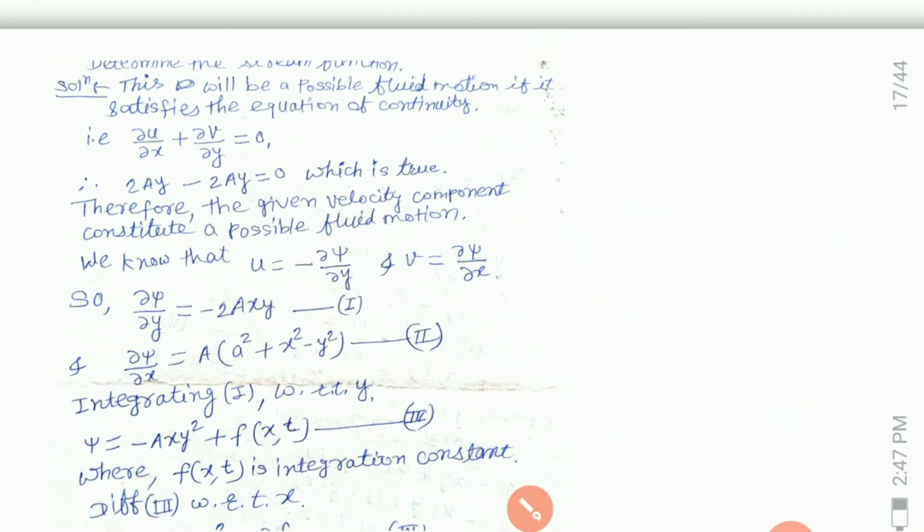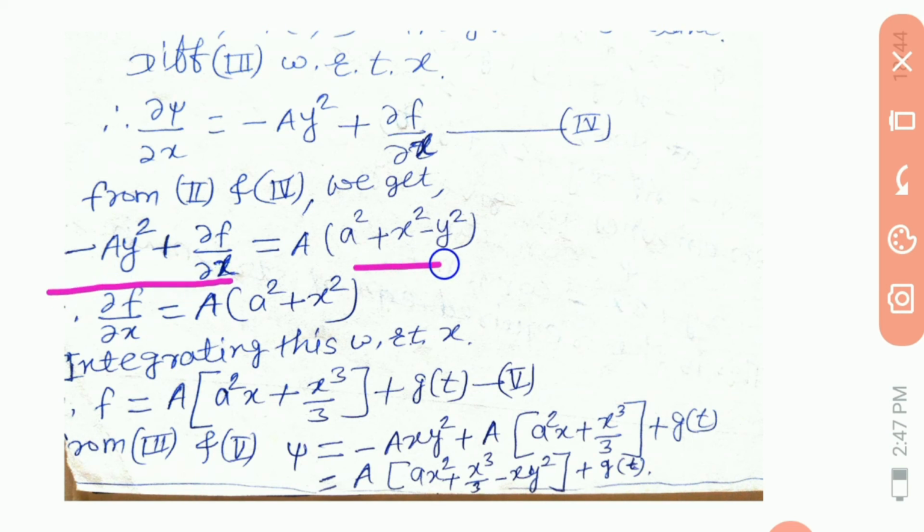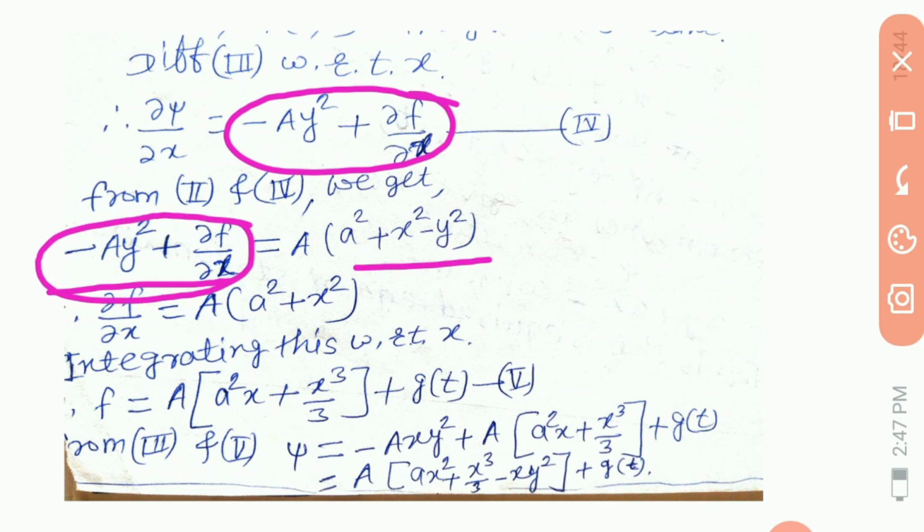Therefore we get this. From equation second and 4 we get this. Right hand side of equation 4 is this, and right hand side of equation second is this.